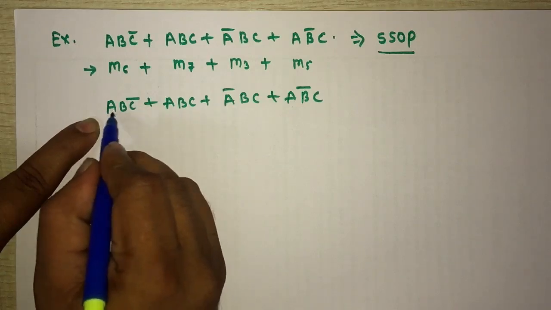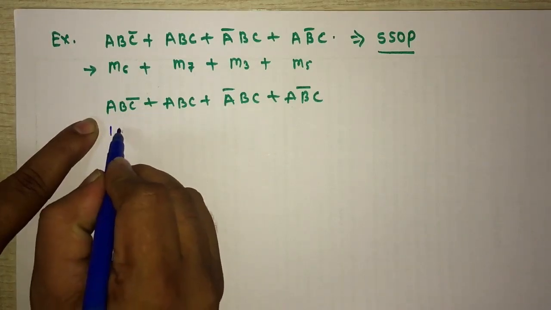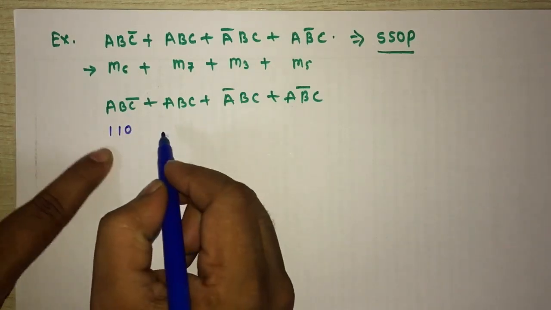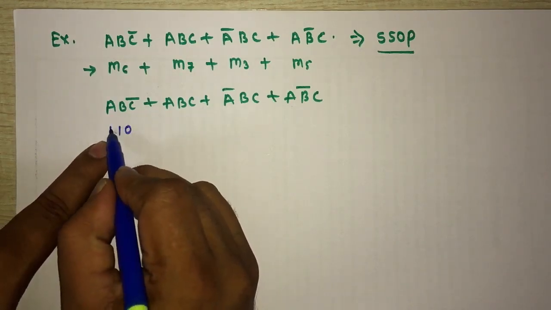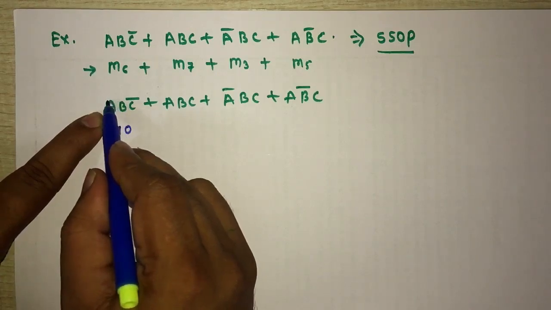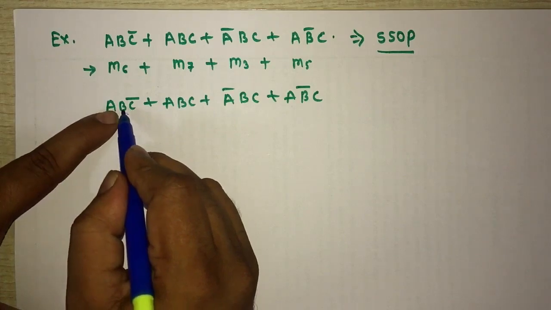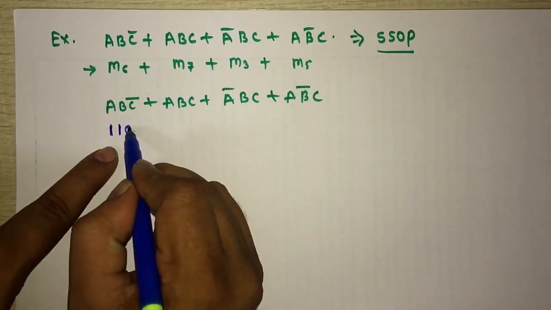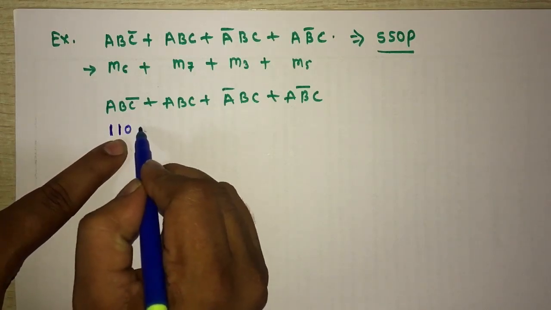So here the values of A, B, C bar are 1, 1, and bar is 0. Okay, are you getting it now? Without bar means it is non-complemented form, so we will write the value as 1. B is also non-complemented, so we write 1, and C complement means we write the value as 0.